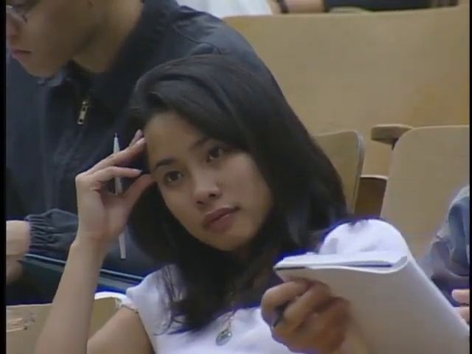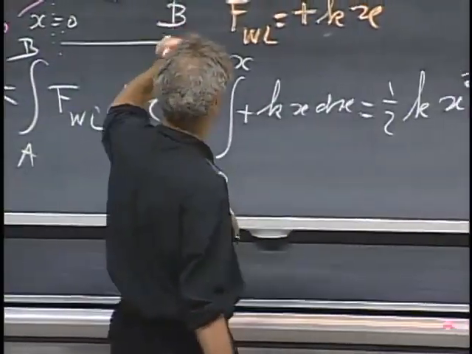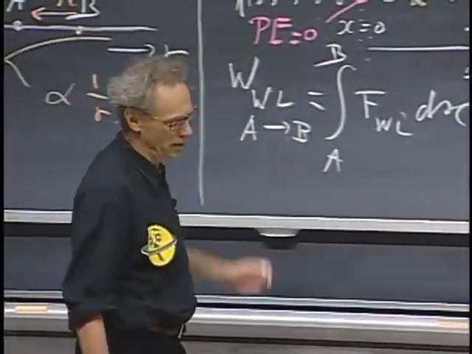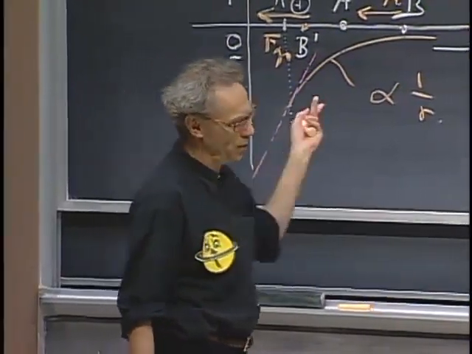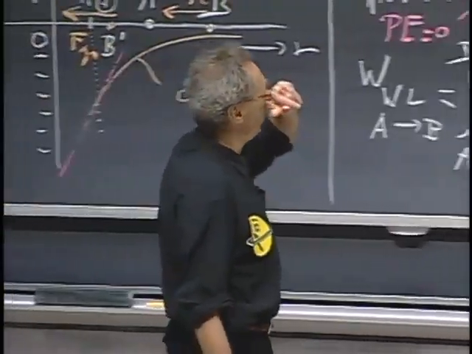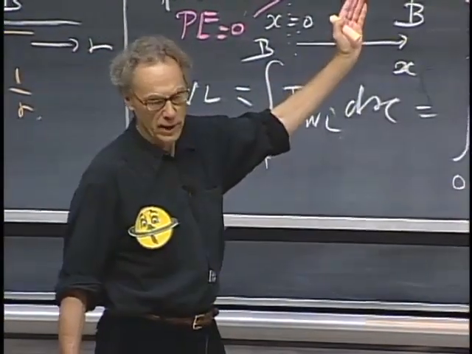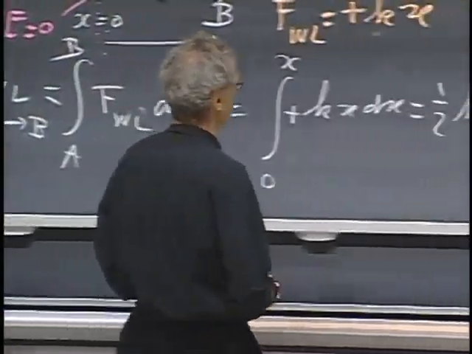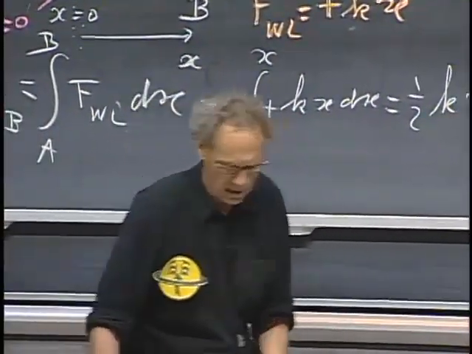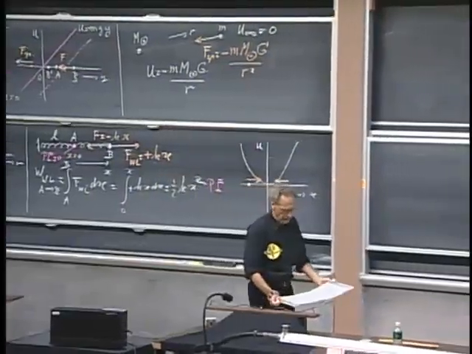If we know the force, in this case the spring force, or in those cases the gravitational force, we were able to calculate the potential energy. Now the question is, can we also go back? Suppose we knew the potential energy, can we then find the force again? And the answer is, yes, we can. Let's take the situation of the spring first.